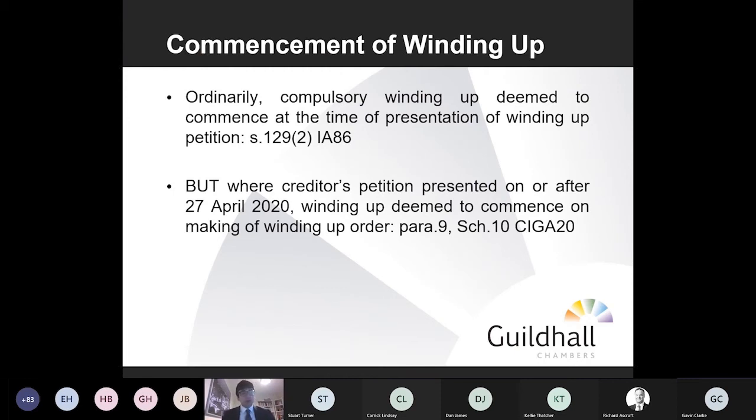But the only reason why I flag this provision at this stage is that one has to be a little bit cautious at the moment because of the temporary measures that have been put in place to fight the coronavirus pandemic.